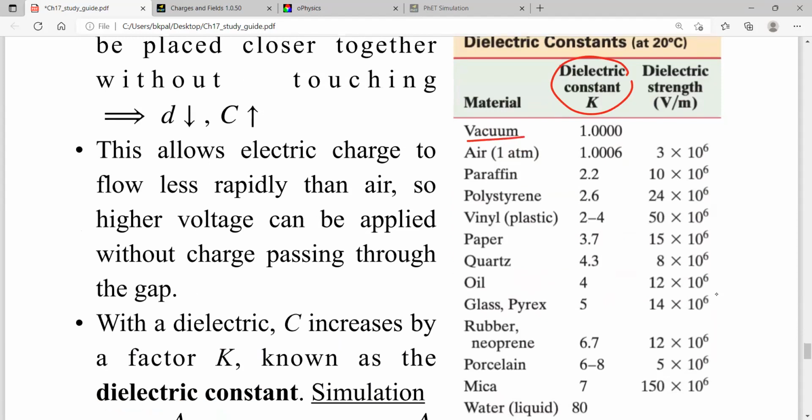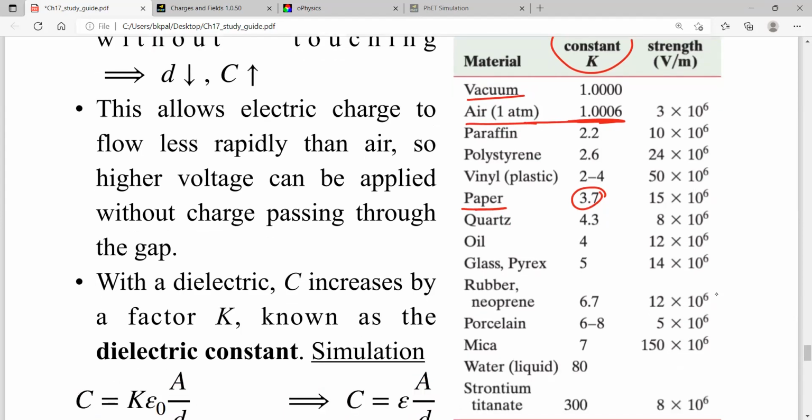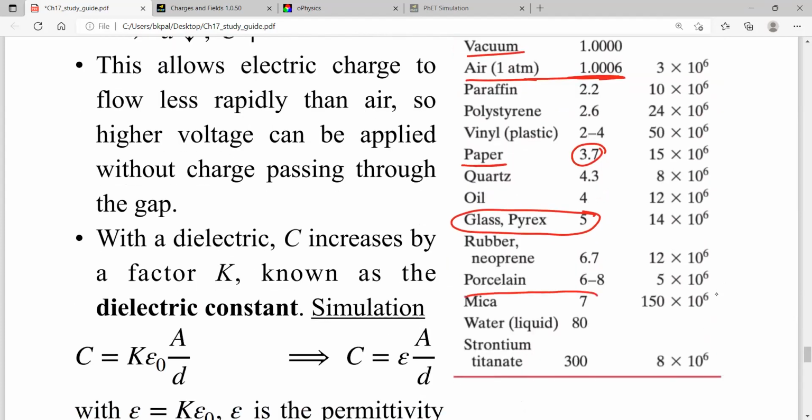For vacuum and for air, it is close to 1. For example, if you insert paper, you can increase the capacitance of a capacitor by 3.7 times. If you insert glass, you can increase the capacitance by 5 times. If you insert mica, you can increase it by a factor of 7.